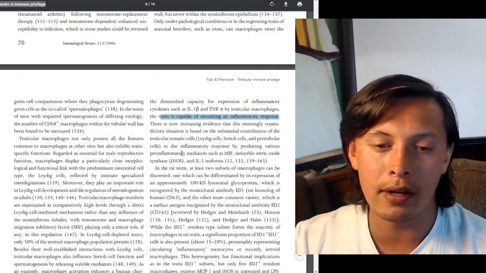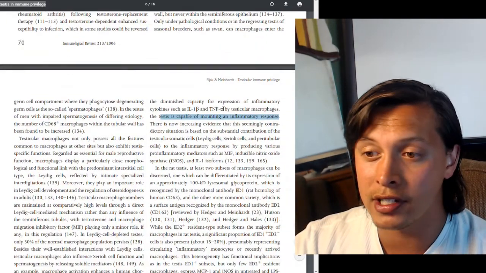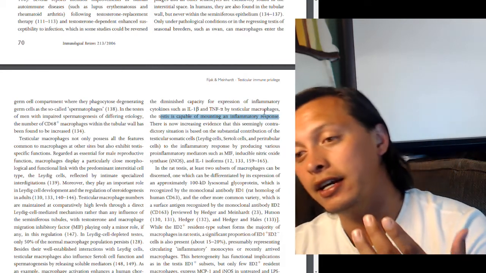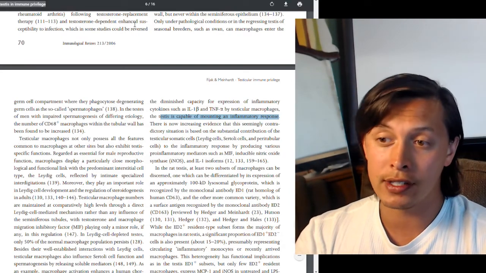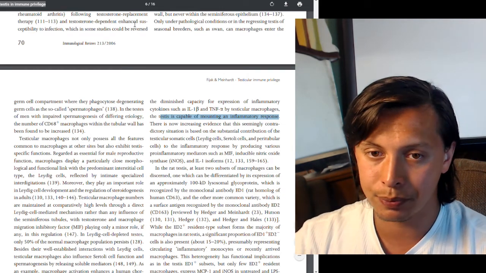Oh, okay. Sorry, I was missing the first three words. So even though there is a diminished capacity, that it is harder for them to do it, there is still the possibility for these immune cells to do it if the need really, really arose.